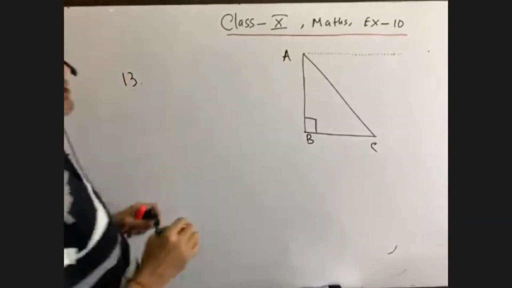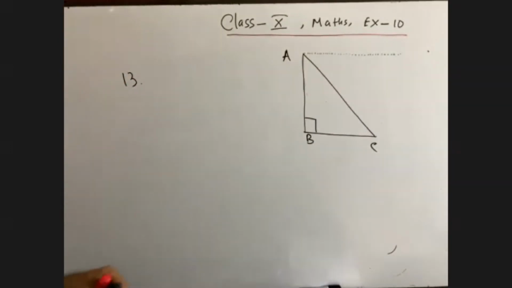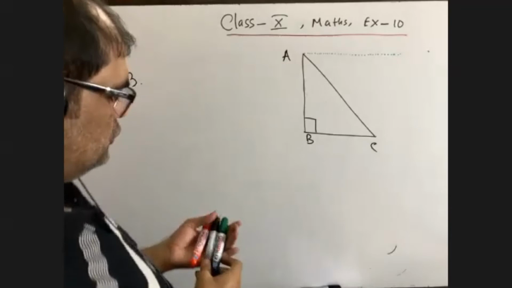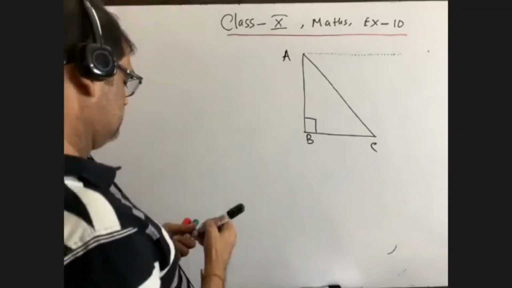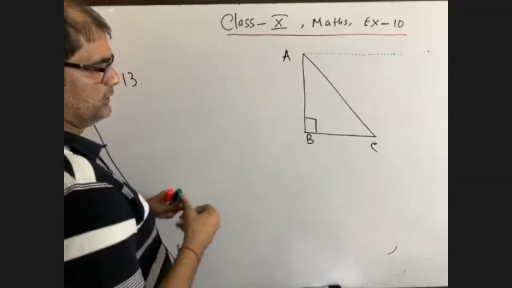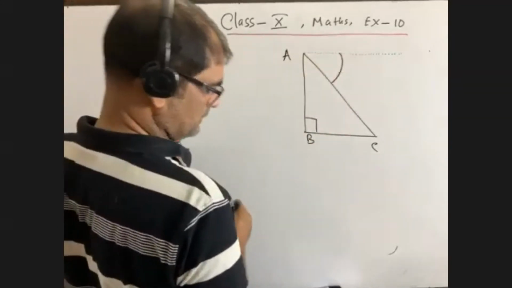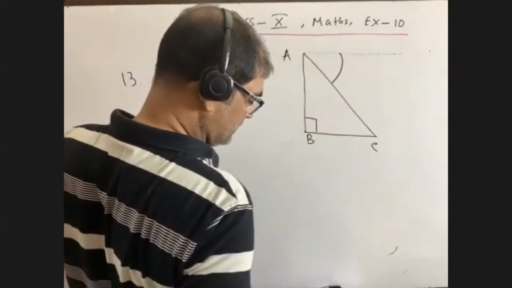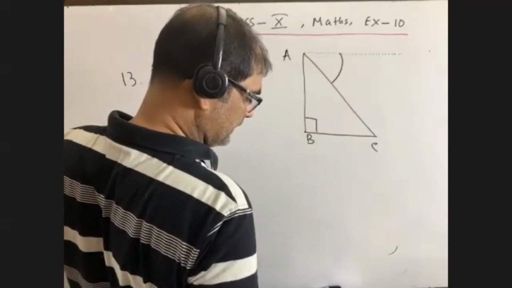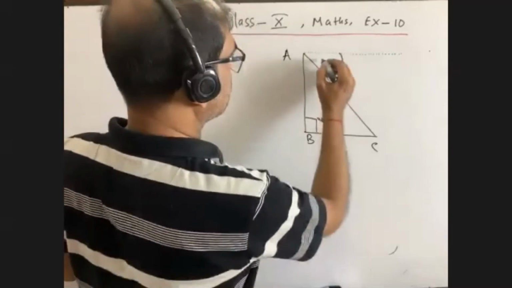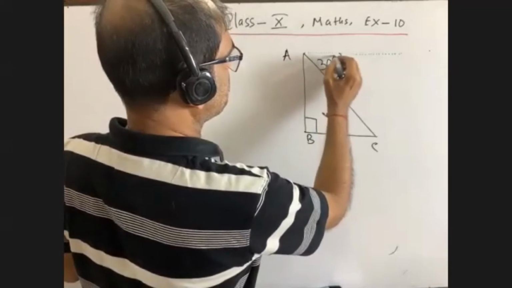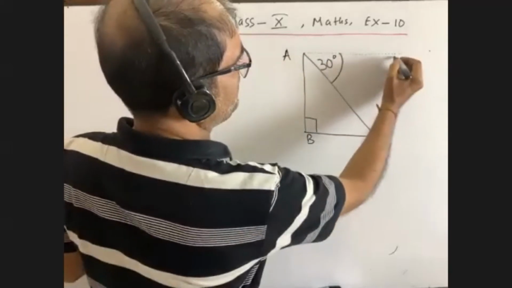When this is the question of angle of depression, we are required to draw an imaginary line which is parallel to the base. This is known here as the angle of depression, and it is given in the question as 30 degree. This is 30 degree, right? And you name it as E.